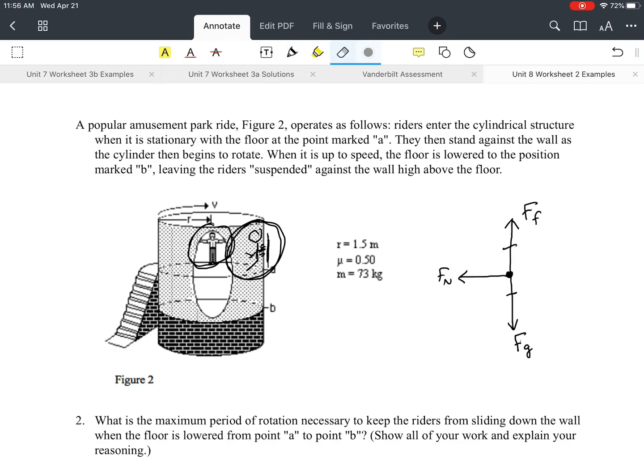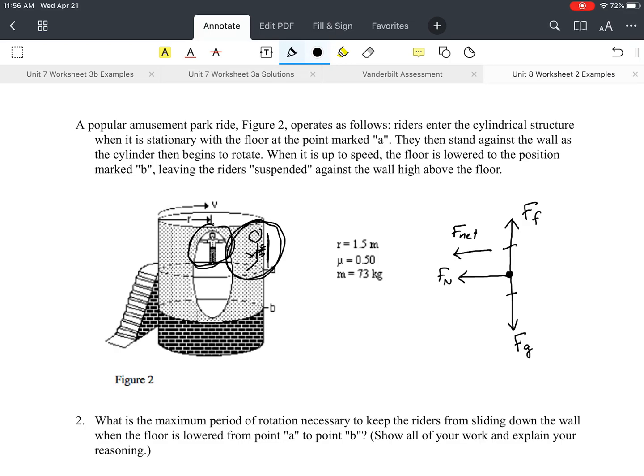And so the normal force is actually the force that's keeping us in a circular motion. And so that is the net force. So the net force due to centripetal forces is actually just the normal force that is pushing on your back.